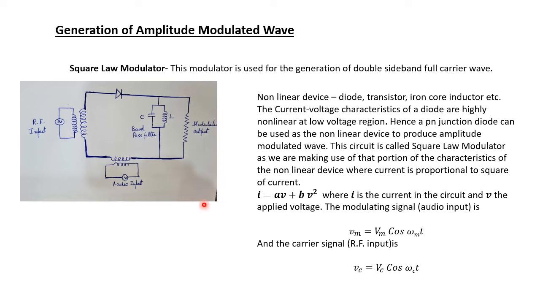Therefore, we can use PN junction diode as the square law modulator.